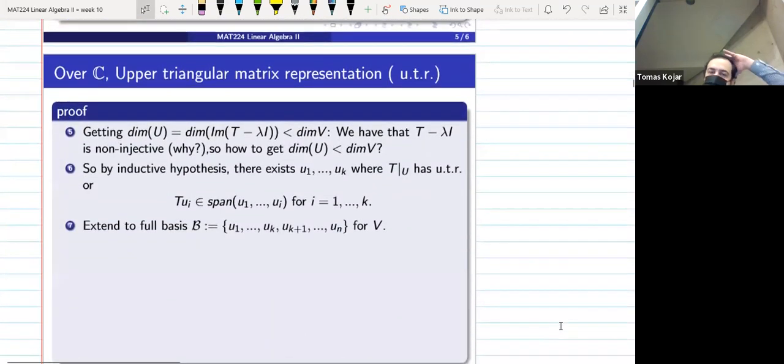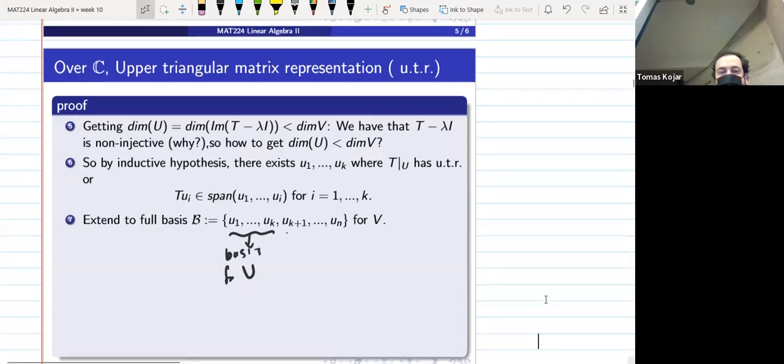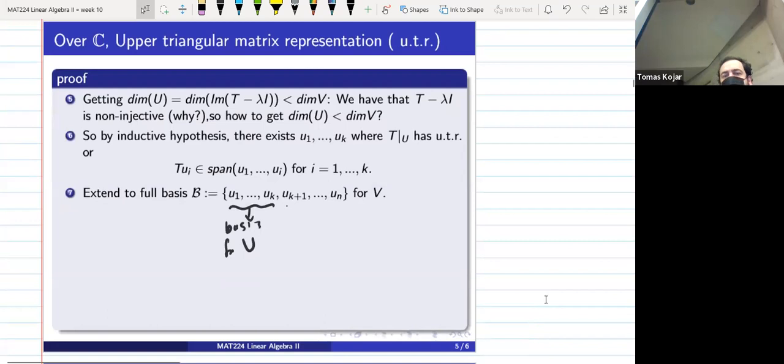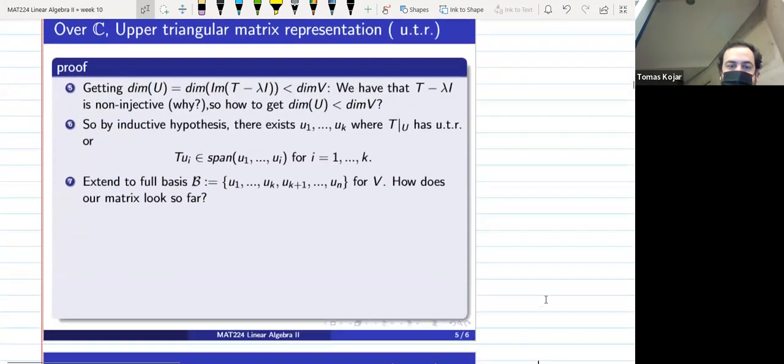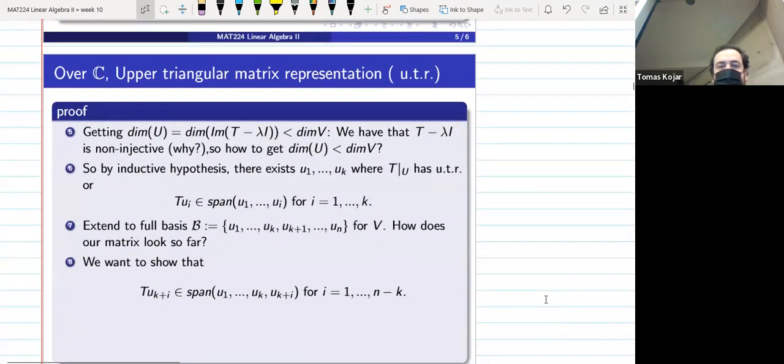Now we do our usual augmentation argument. This is a basis for U, and this is a basis for the entire space V. You can get this with Gram-Schmidt if you like. Let's do this to give you an idea.